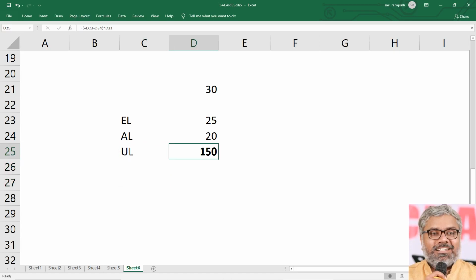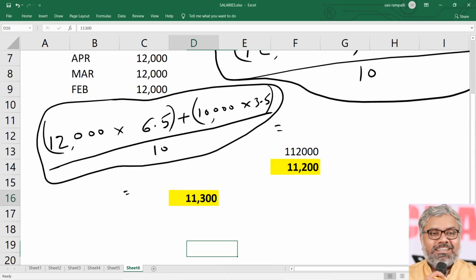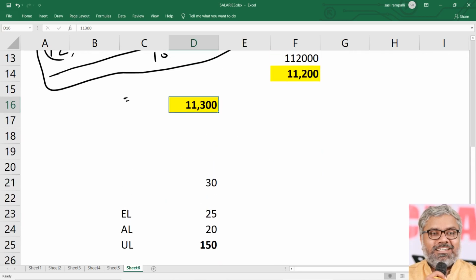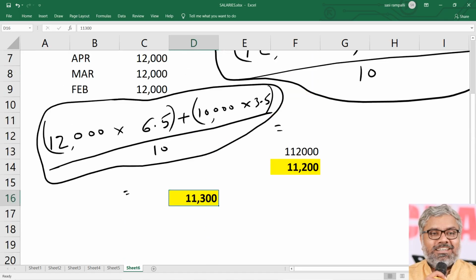So now the unavailed leave is 150 days, but we need this to be converted into monetary form. What we calculated as average salary earlier, let us take this 11,300, because 11,200 was related to gratuity. That is only to show the difference between these two.